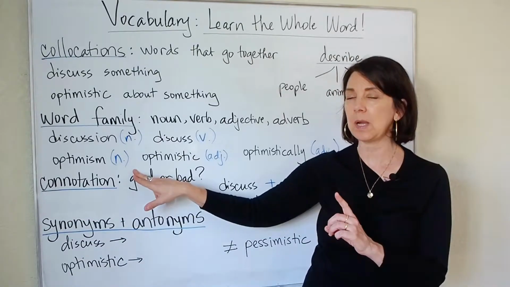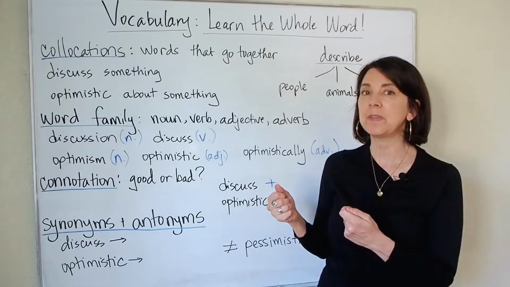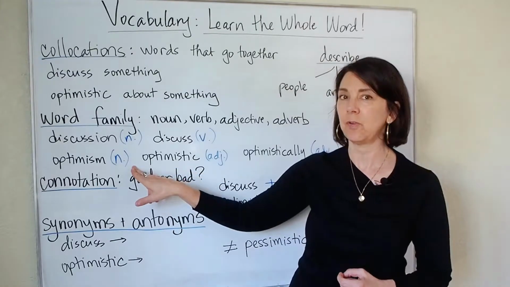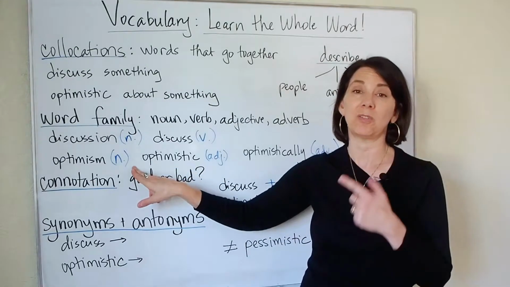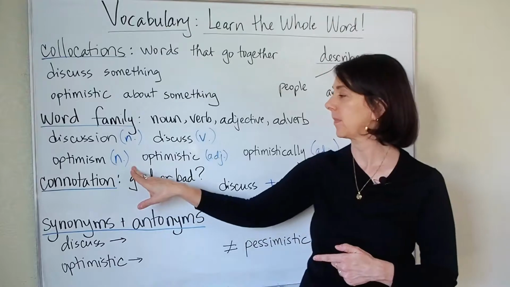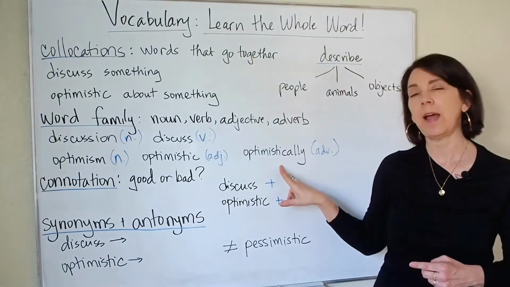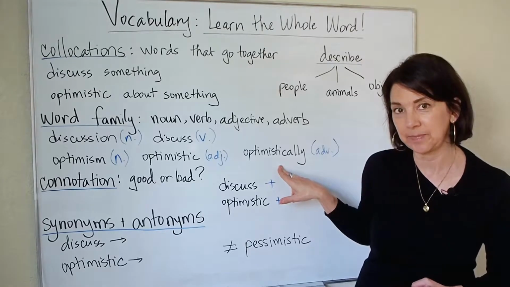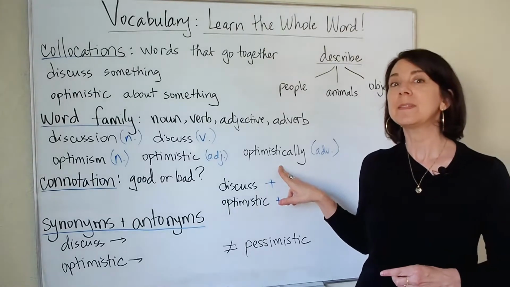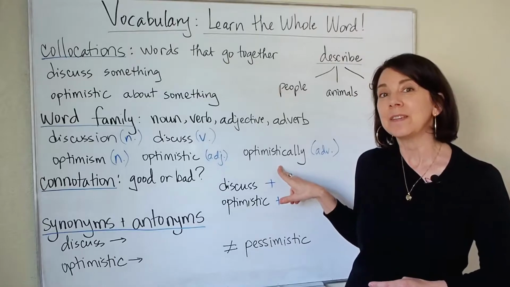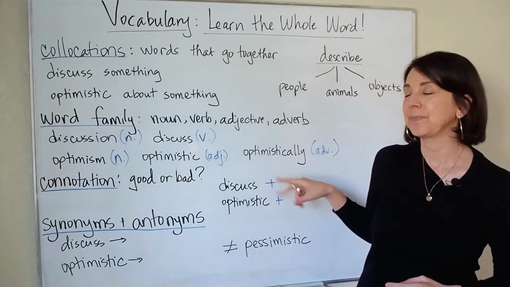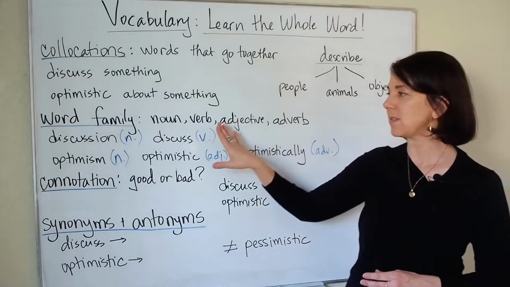And that's something that you have to be careful of. If you look up in the dictionary to find out the related forms, you want to make sure that they all are related to the same meaning. Then we have the adjective optimistic, and we have the adverb optimistically. She optimistically thinks about the future. Okay, so that's word family.